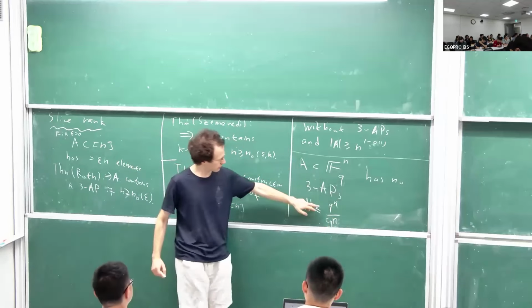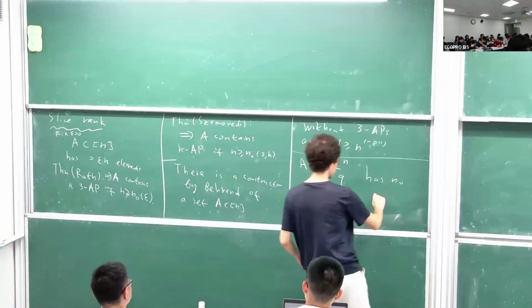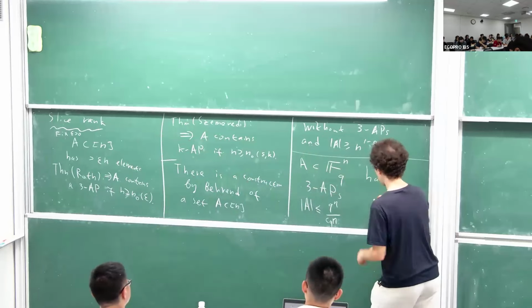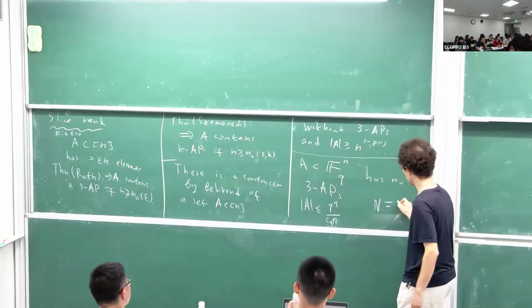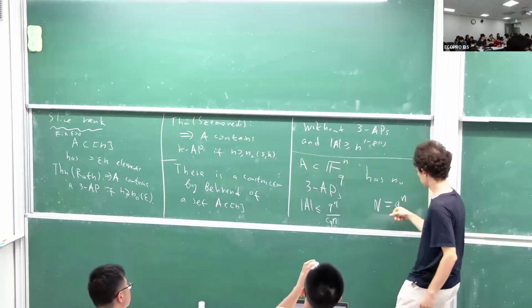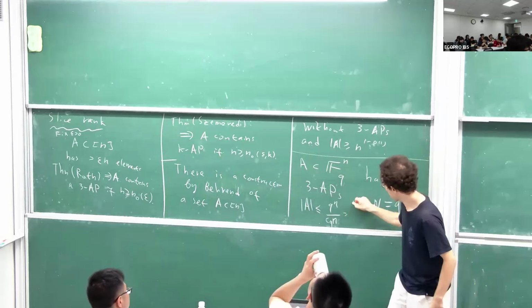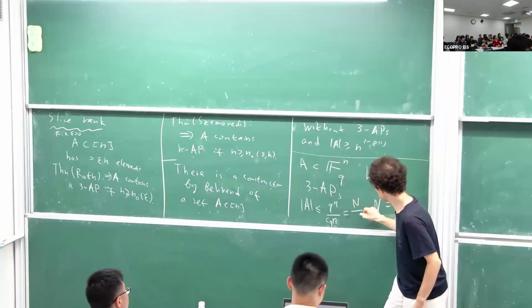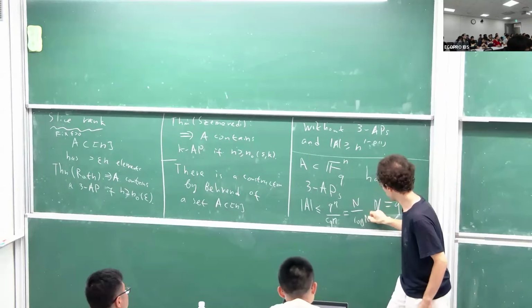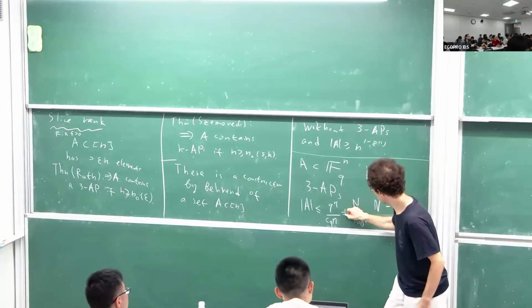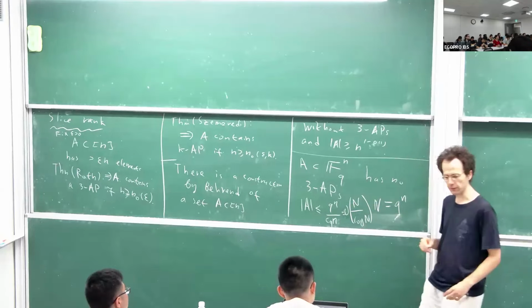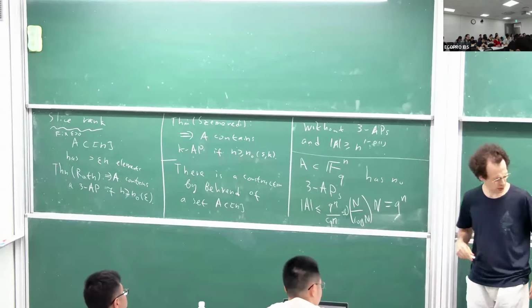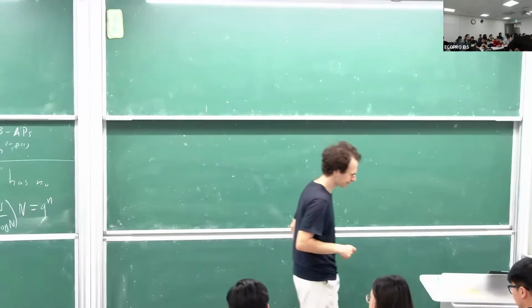Really what you should be thinking is that the size of our set is q to the n, and this is n divided by log n. This is the type of bound one gets from Fourier, and it's really hard to improve on them.